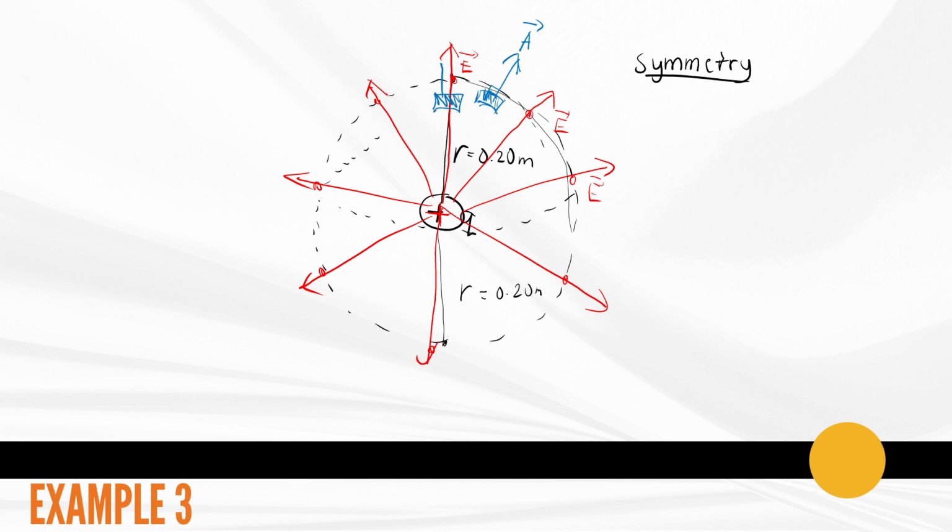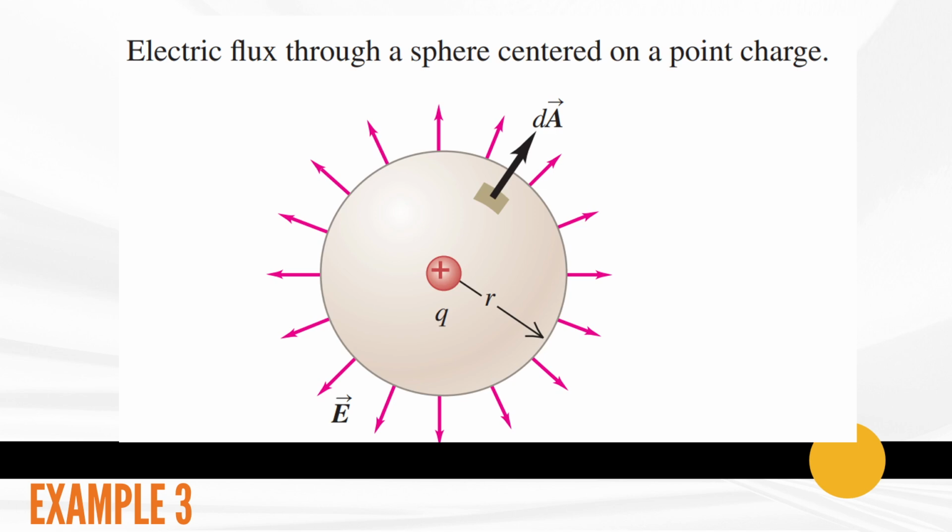'Di ba? Anong papansin niyo sa kanila? Yung area ko at yung electric field ko is somehow parallel to each other. Ayan. Okay? Meaning, yung theta natin kung parallel siya is equal to 0 degrees. Remember?